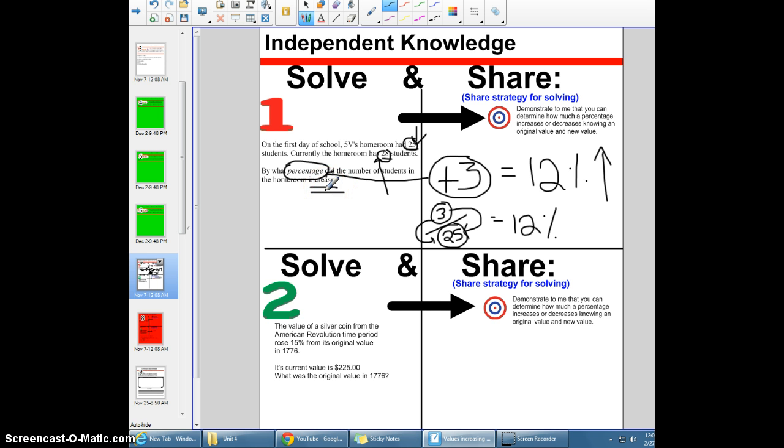I'll leave you with this one last thought. And I haven't taught this to you, and I don't expect you to know this yet. And you will not see this on a test, so don't be alarmed. But if I asked you to calculate a percentage decrease, would your method be similar or would it be different? If the value went from 28 to 25, if we lost 3 students to moving out, would it still be a 12% decrease?